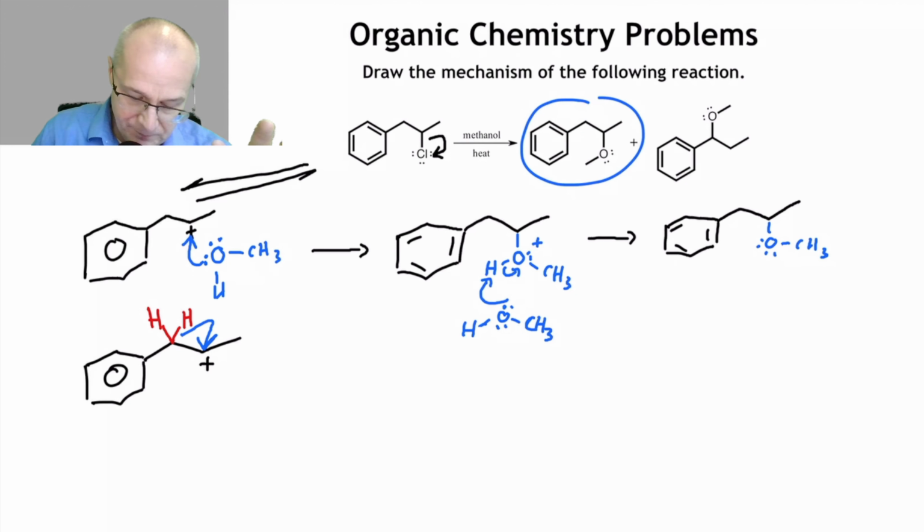When we move one of these hydrogens over here, it takes the bond electrons with it, which is why there's a double-headed arrow, moving the hydrogen over to this carbocation, putting the carbocation on this carbon now, because this carbon gave up its hydrogen. It's a hydride shift. The hydride, H minus, moved over here. Bond electrons went with it. Carbocation forms. So we're going to get a new carbocation.